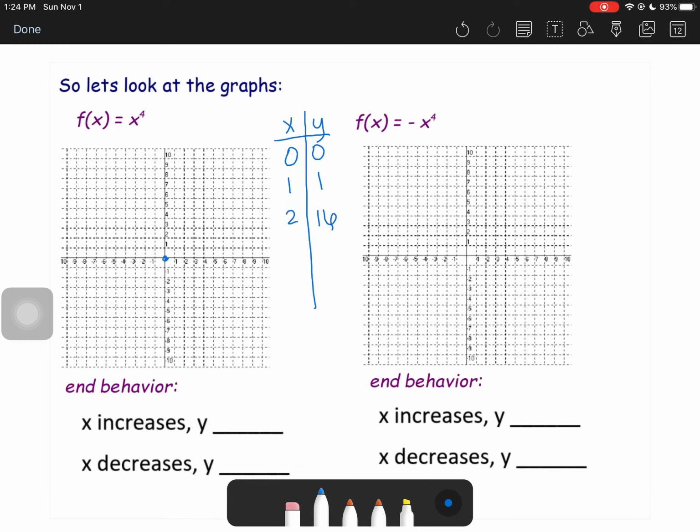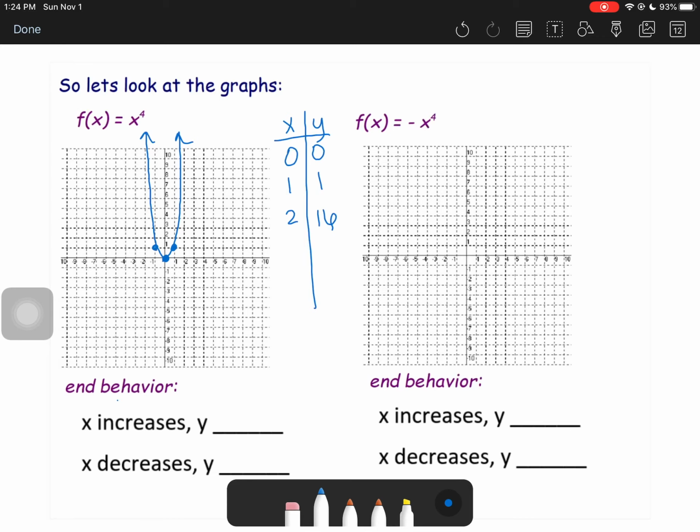So we have (0, 0), we have (1, 1), we'll flip that to the other side, and then (2, 16) is off the graph, way up. We still have that parabola shape. This is our parent function for x to the 4th. It might have a lot of different bends and curves in it, but generally it's going to be the same shape.